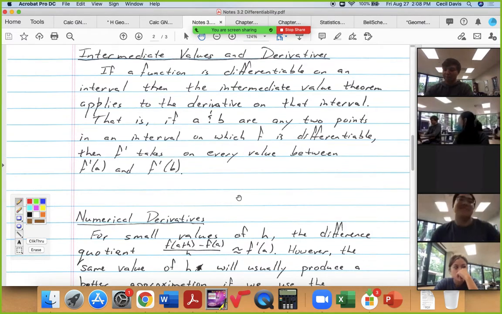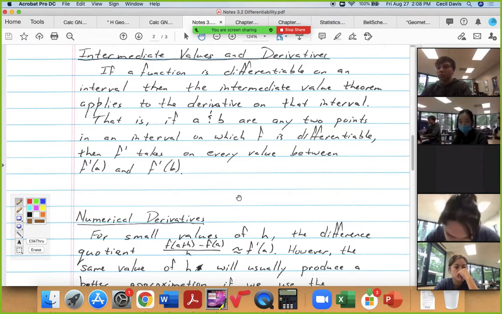So intermediate values and derivatives. We did the intermediate value theorem the other day, and we can apply it to derivatives also. If a function is differentiable on an interval, then the intermediate value theorem applies to the derivative on that interval.